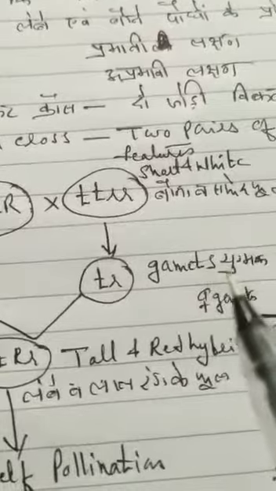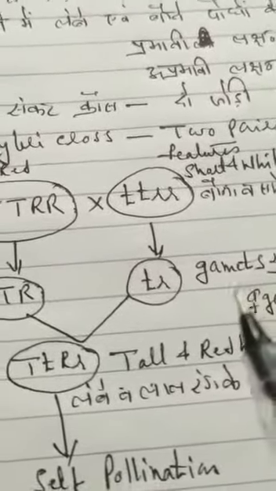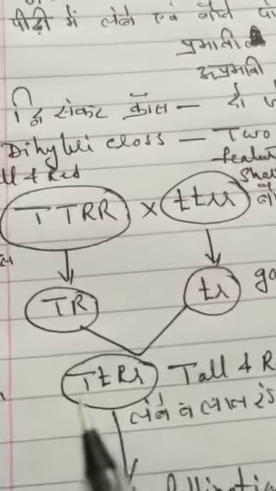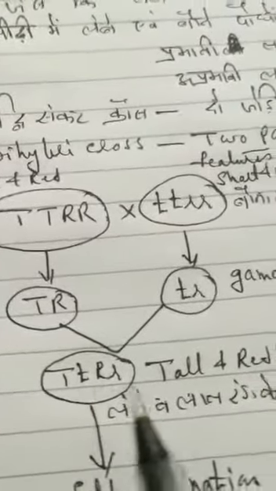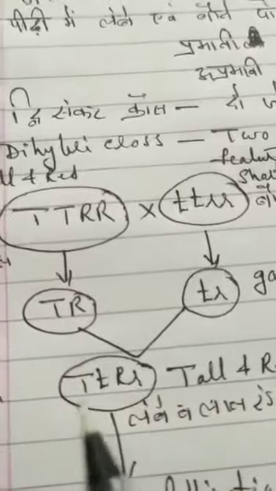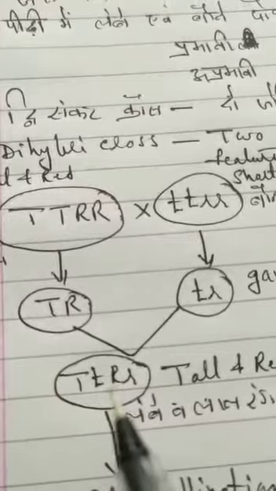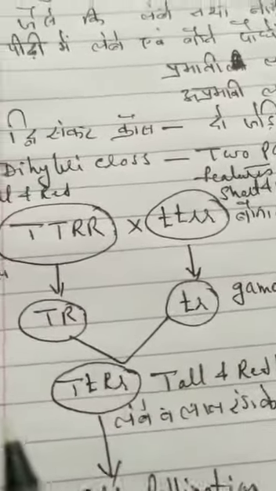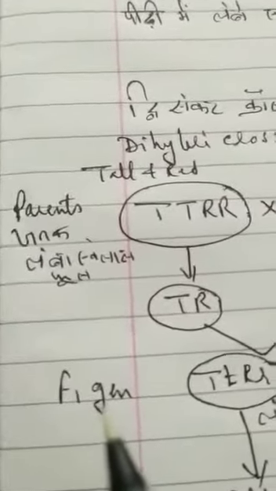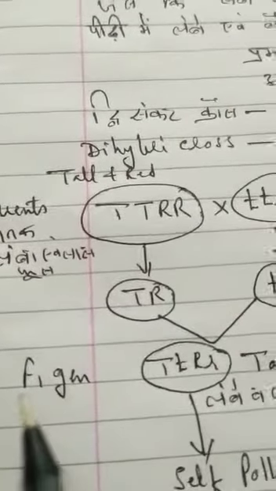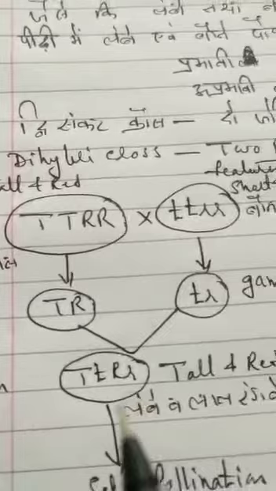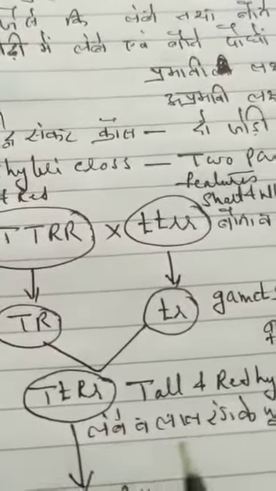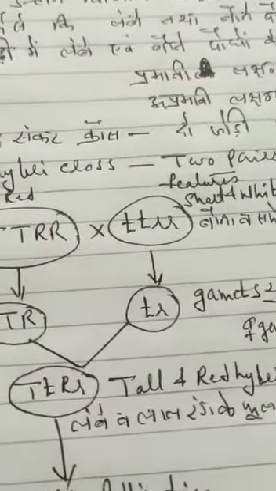When these gametes fuse together, that is after fertilization, they will produce a hybrid variety containing capital T with small t, capital R with small r. As a result, all plants produced in the first generation, that is the F1 generation, will be tall and red, and this is the hybrid variety.